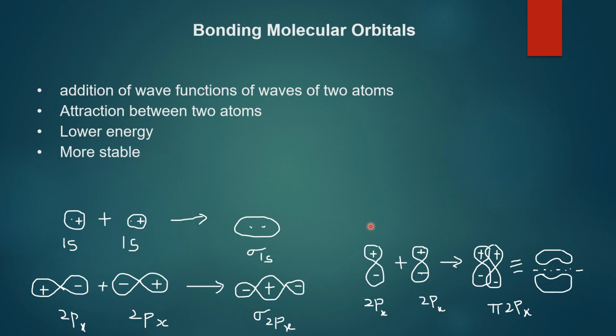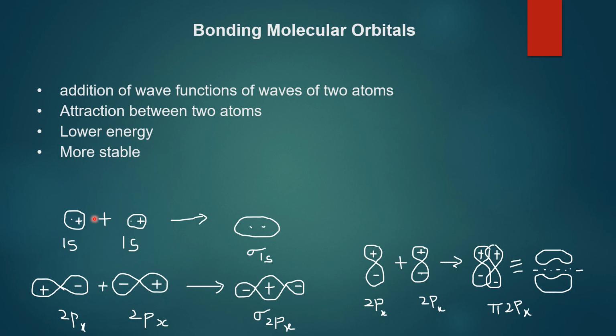What is the difference between the second picture and the third picture? When you keep the two p atomic orbitals in a horizontal position, the overlapping occurs end to end, or axial overlapping takes place, to form a sigma bond. While in the case of the third picture, the overlapping takes place between the two atomic orbitals by lateral overlapping to form a pi bond.